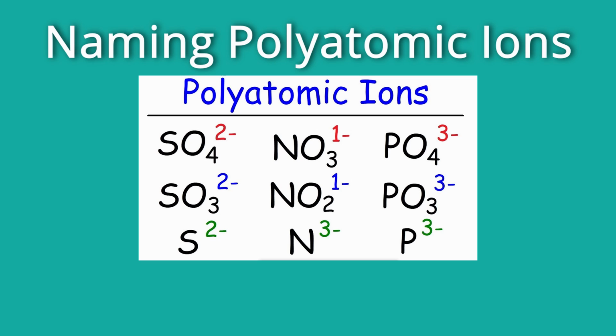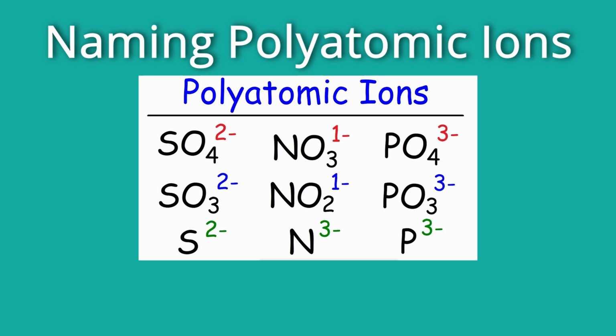Polyatomic ions are a little bit more difficult. Polyatomic ions are essentially atoms that are covalently bonded together, but they in themselves are an ion because they have a charge.